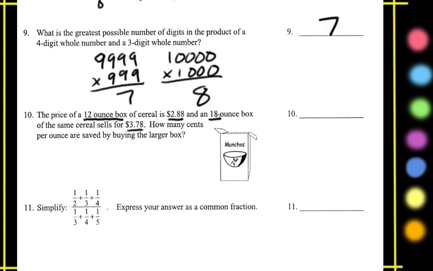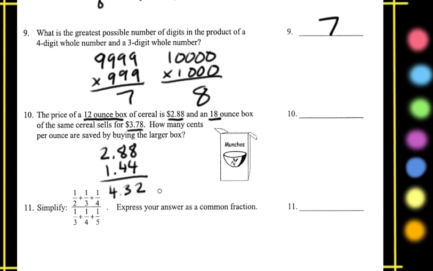Because 18 ounces is 1.5 times the size of the 12-ounce box. This is 2 sixes and this is 3 sixes. So if I took my $2.88, which is the price of one small box, and a half of a small box would be $1.44, if I add those together, I'm going to get $4.32, I believe.